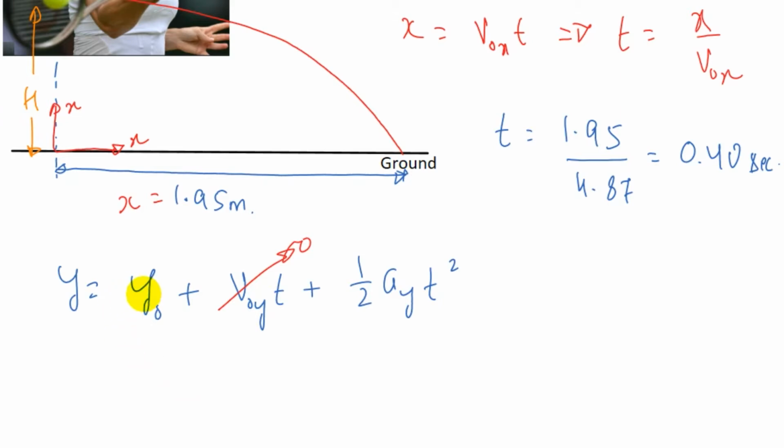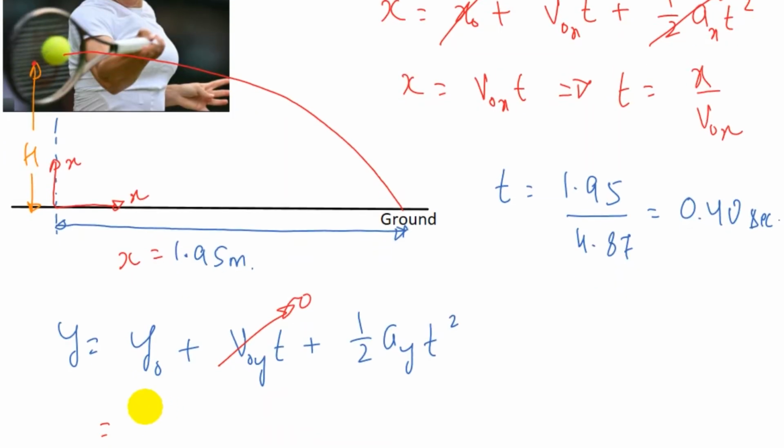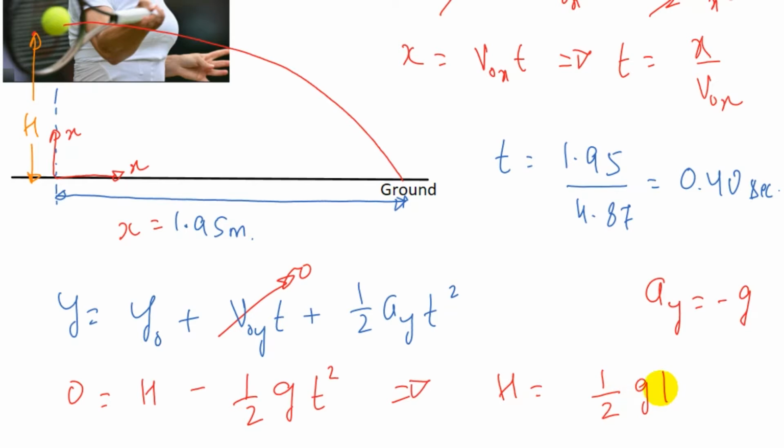Y naught is the position h, and finally y becomes 0. Then minus 1 over 2 g, because a y is minus g here, and t square. So from here the expression for h will be 1 over 2 g t square. Now we have to put the values to find the answer.